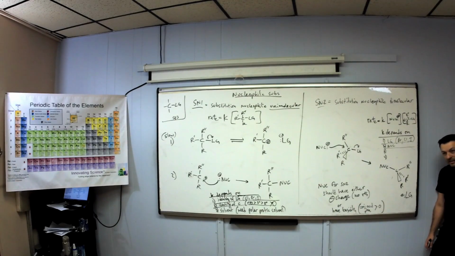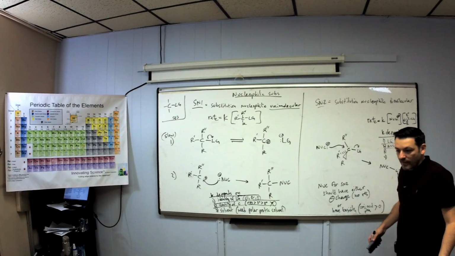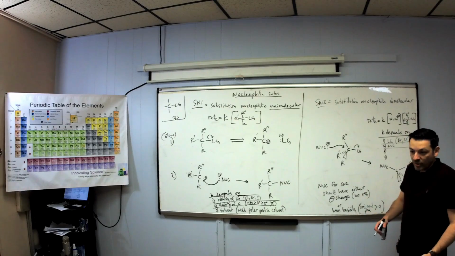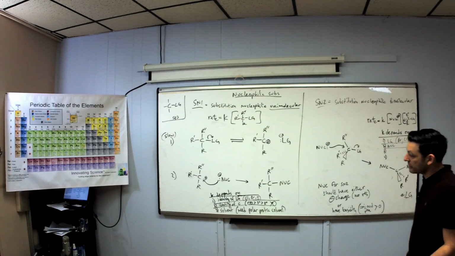So 0 and smaller than that are strong acids. So bigger than 0 is a weak acid. And if it's a weak acid, then it has some base that it makes. You need a weak acid or even weaker than that. If it's a strong acid, then it makes a great leaving group. And a great leaving group is not a good nucleophile. They're opposite ideas. And this is where we get into relationships.